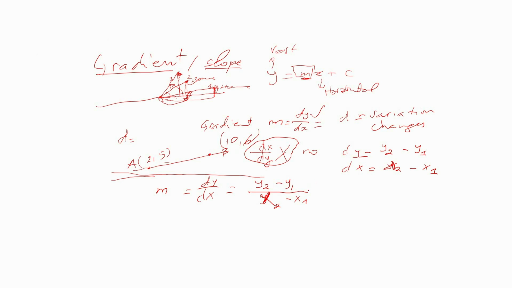Gradient will be dy over dx. Now dy, I take y of the second point minus y of the first point. Dx will be x of the second point minus x of the first point. Then I replace: y2 minus y1 over x2 minus x1.